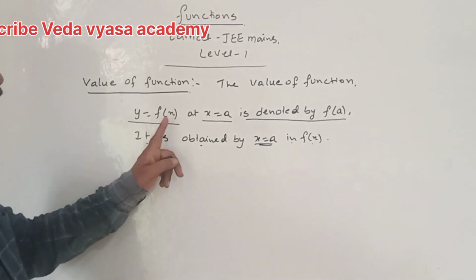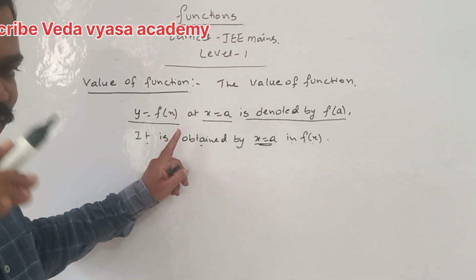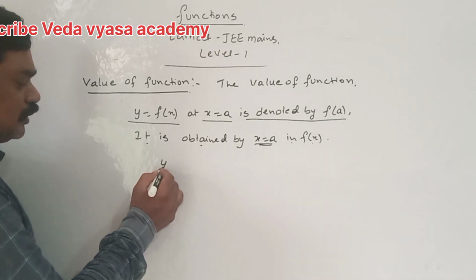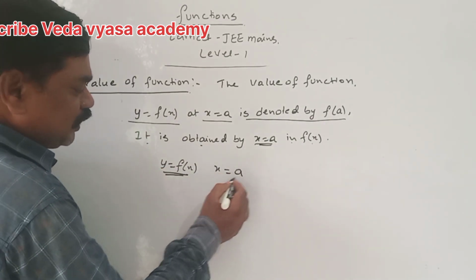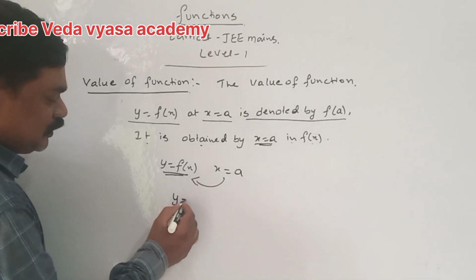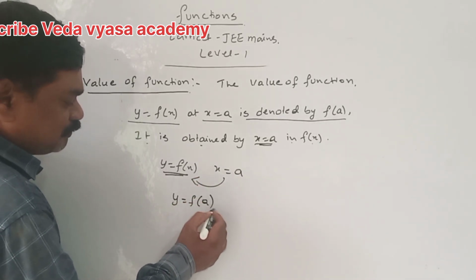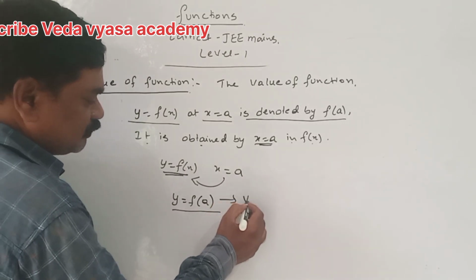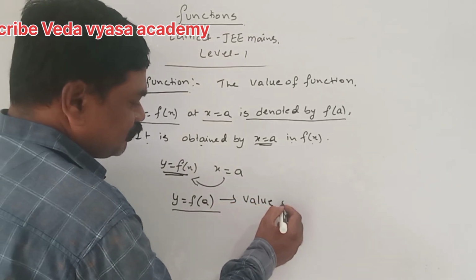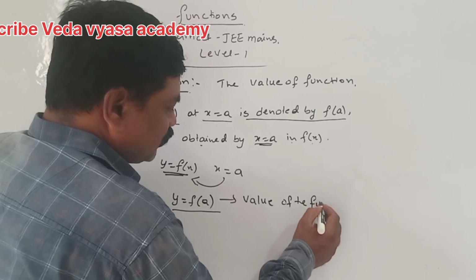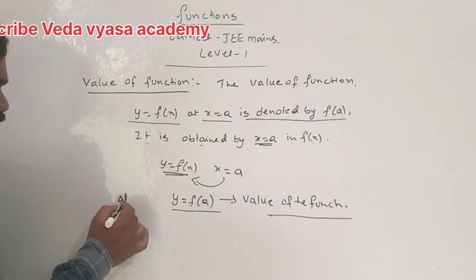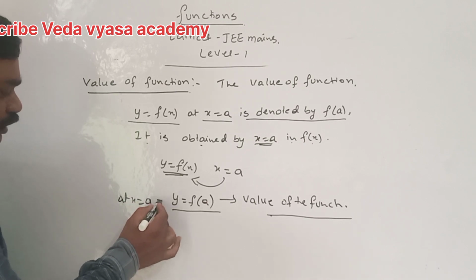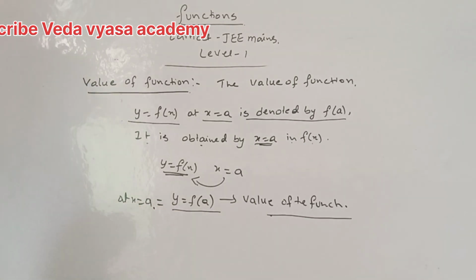In y is equal to f of x, if you substitute x is equal to a, you will get y is equal to f of a. This is the value of the function.